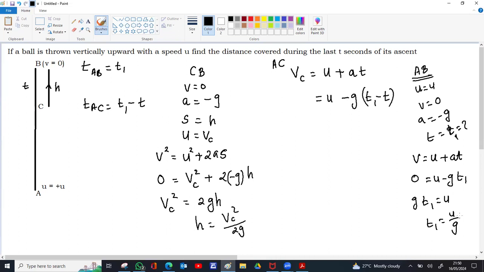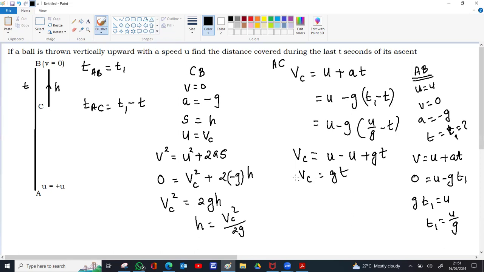So T1 is the total time taken to move from A to B. If you substitute the value of T1 here, you get u minus g into bracket u by g minus T. You open the bracket: u minus g into u by g cancels u, and minus g into minus T will be plus gT. So the u gets cancelled, and you get the velocity at C as gT.